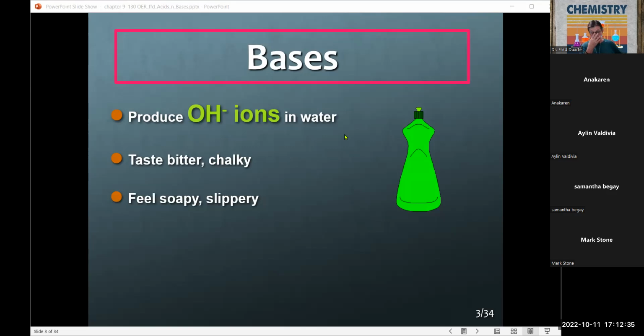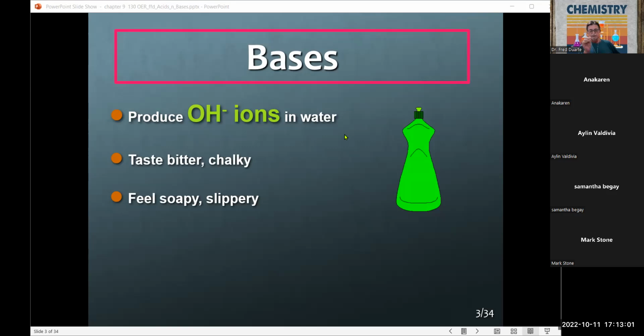The reason they feel slippery and soapy is this. If you ever had any liquid plumber at home, because you got a plugged up drain, liquid plumber is good because it dissolves greases and so forth. And what it also does, if you get some on your hand, it feels slimy. It's not necessarily a chemical that's causing the problem.